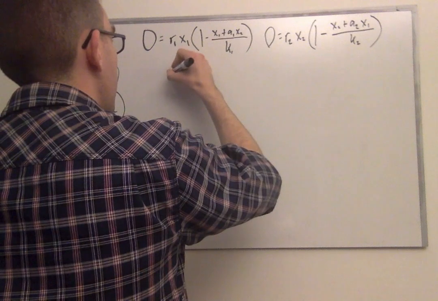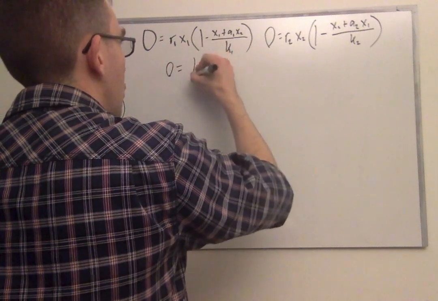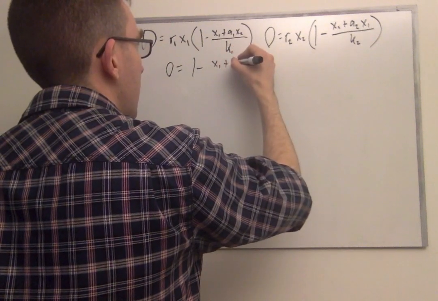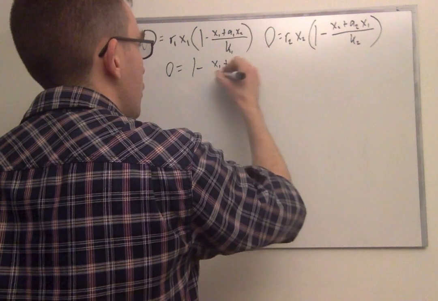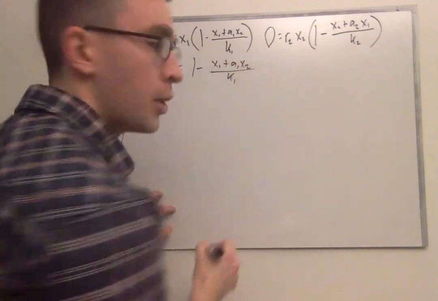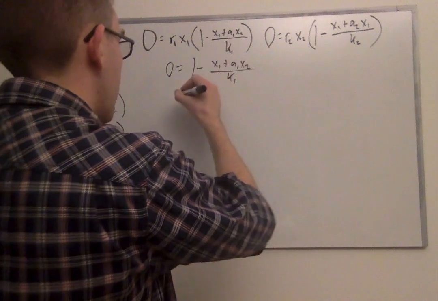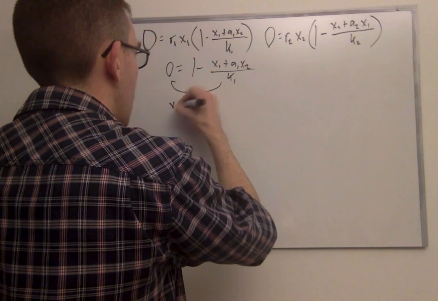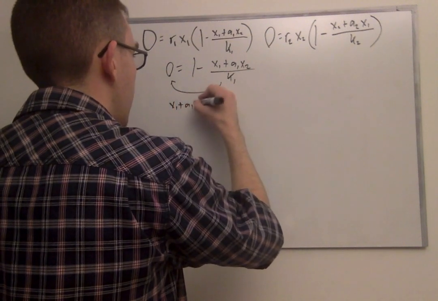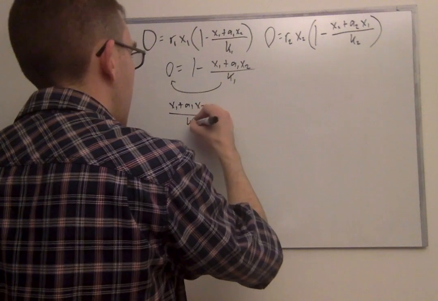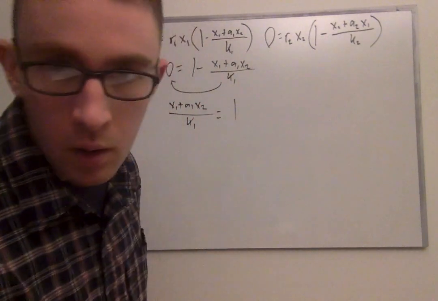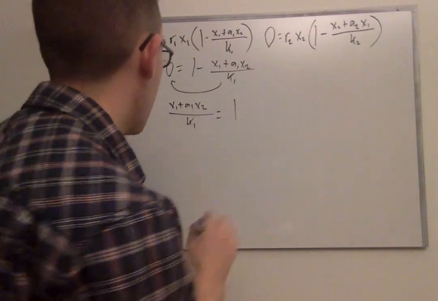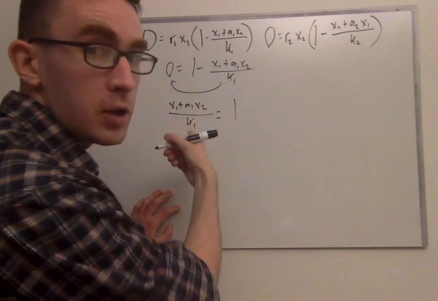So I'll say 0 equals 1 minus x1 plus a1 x2, all of that over k1. Move this over to the other side. So then we have x1 plus a1 x2 over k1 equals 1. Do you follow me so far? Hopefully this is just some pretty basic algebra. And then multiply both sides by k1.